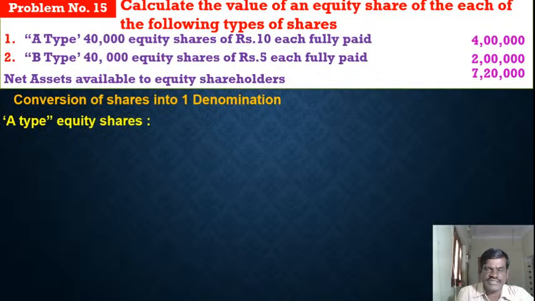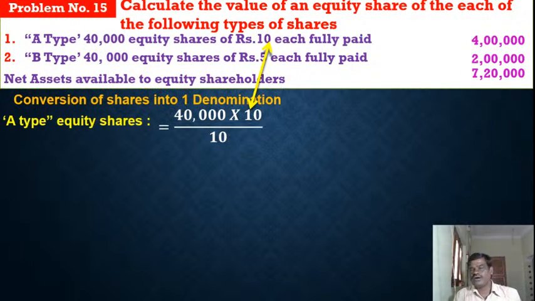A type of equity shares: first we have to convert. 40,000 equity shares in that. Next one, the face value is 10, also divided by 10. I give the information.